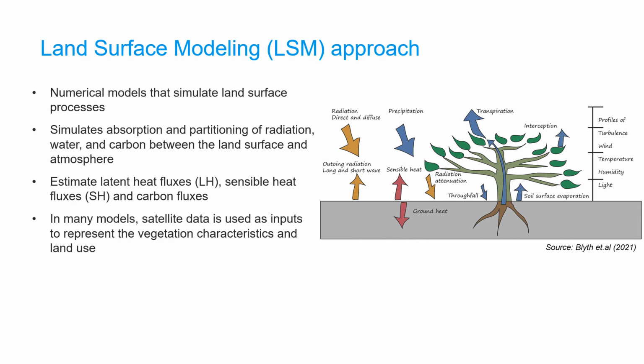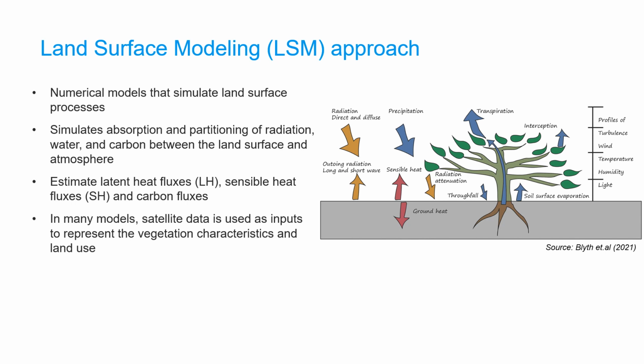Land surface models are numerical models that simulate land surface processes such as absorption and partitioning of radiation, water, and carbon between the land surface and atmosphere. LSMs are often applied at large spatial scales, aimed to simulate the interactions between climate and land surface.